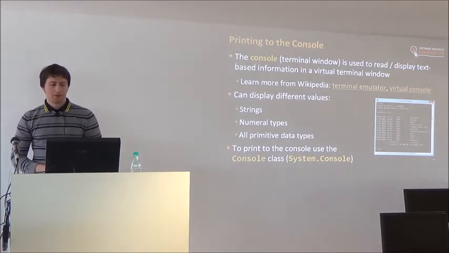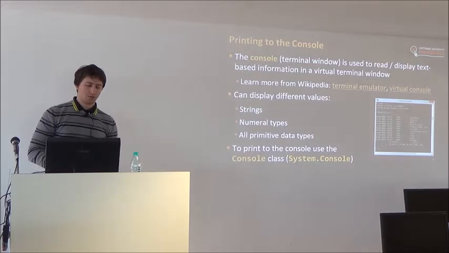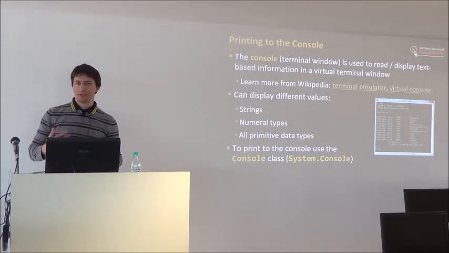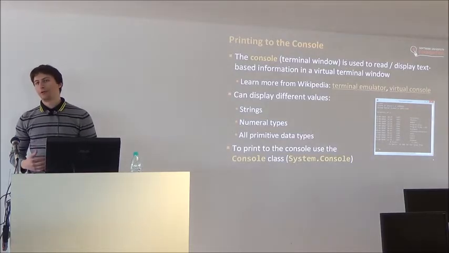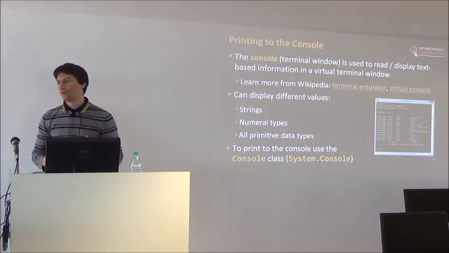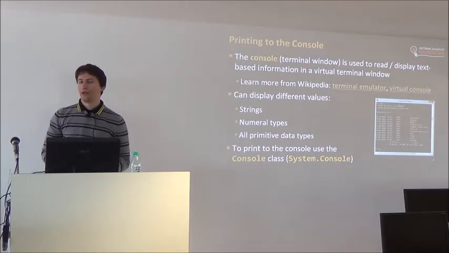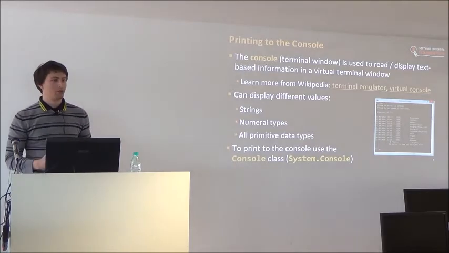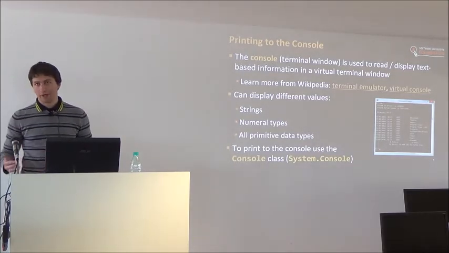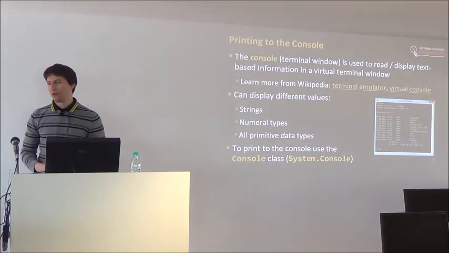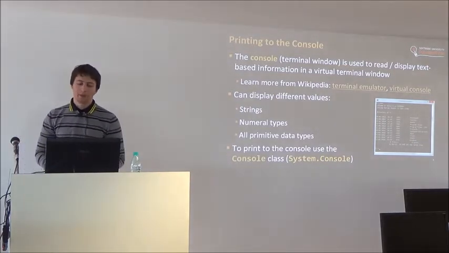The console can be used to show a human-readable form of something that is machine code. So basically, we only use that for our own comfort and for other programmers like us. We don't use it for the computer, because the computer understands machine code, bytecode, binary, and it doesn't really need the words that we use in our everyday life.